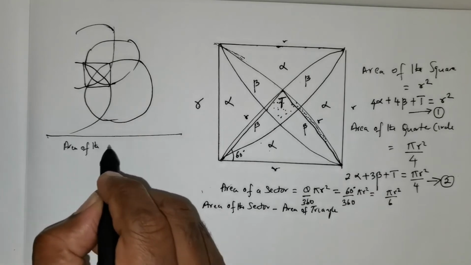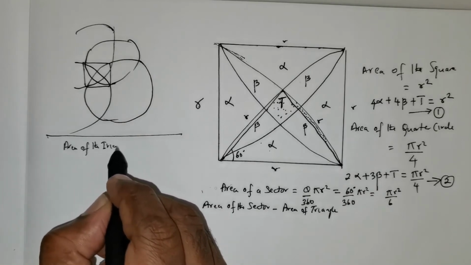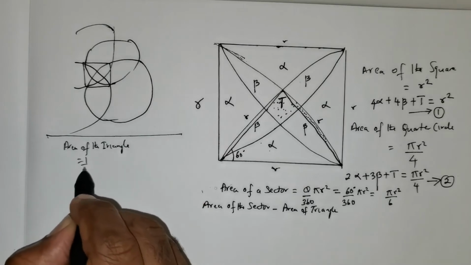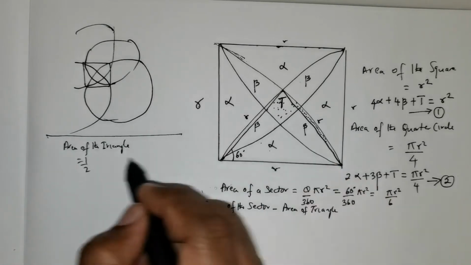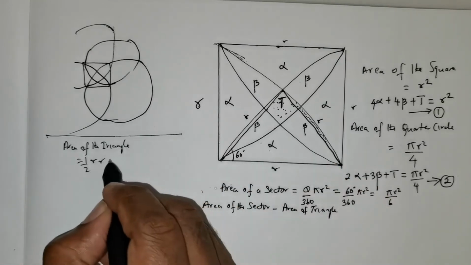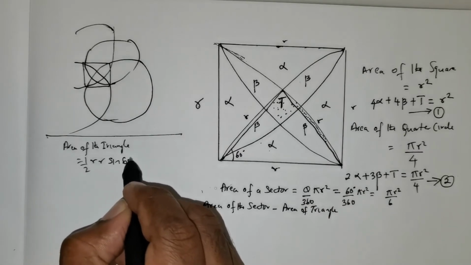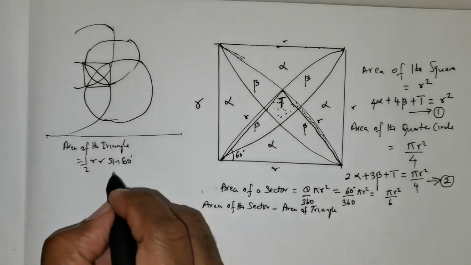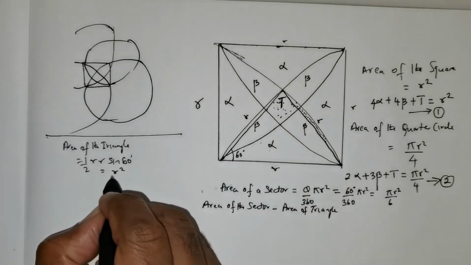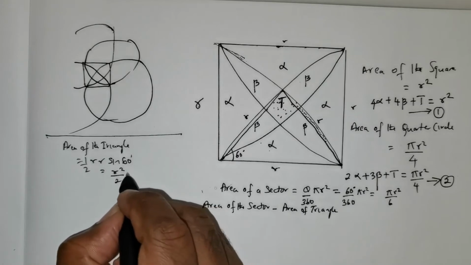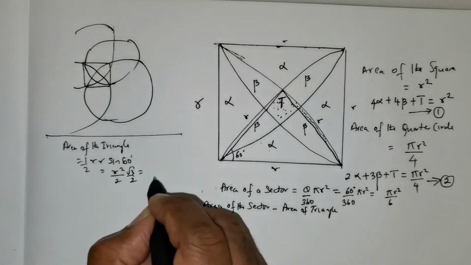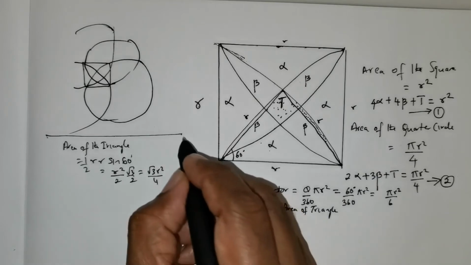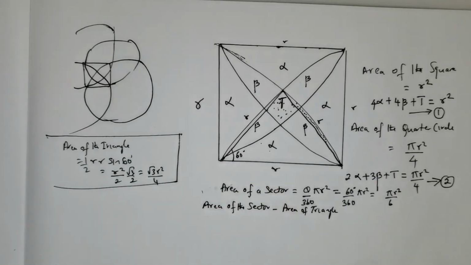The area of the triangle should be equal to half times the length of two legs, that's r into r, times sine of 60 degrees, because that's the angle there. So this should be equal to r squared over 2. Sine 60 is root 3 over 2. That is going to be root 3 times r squared divided by 4. So this is the area of the triangle.